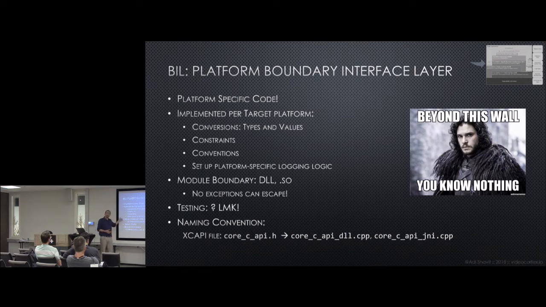This is our module boundary, right? The wall, because this is really the last place where we're going to see C and C++. So we have to think about interoperability with the external system. And things like exceptions can't escape. So we need to catch them and handle them and think, how are we going to percolate errors?